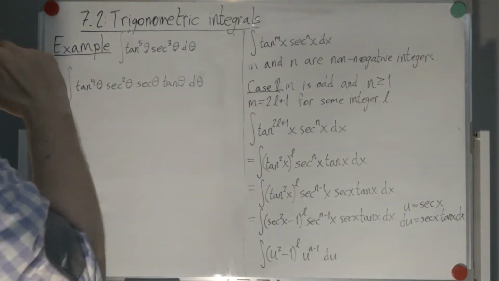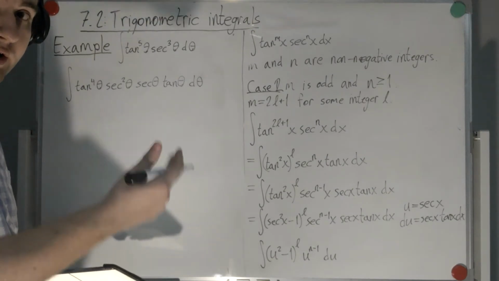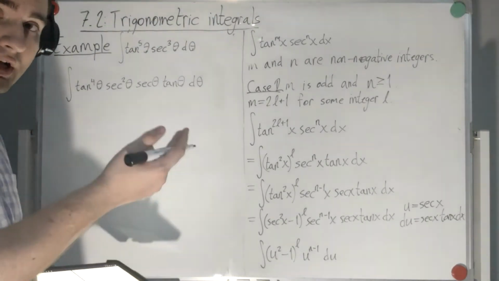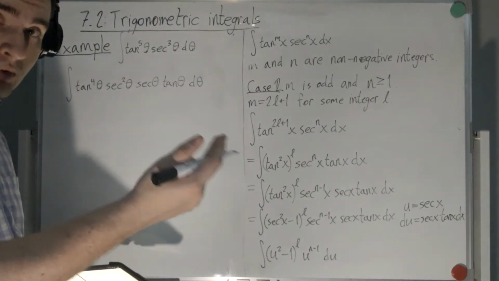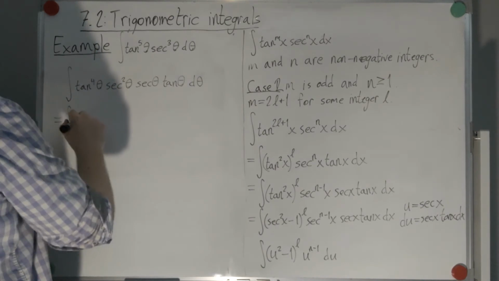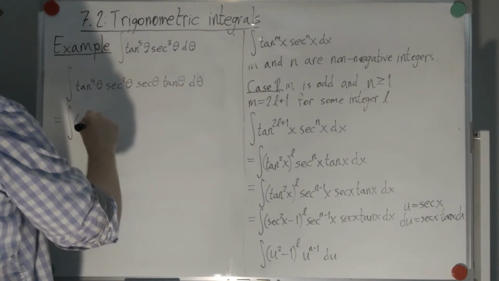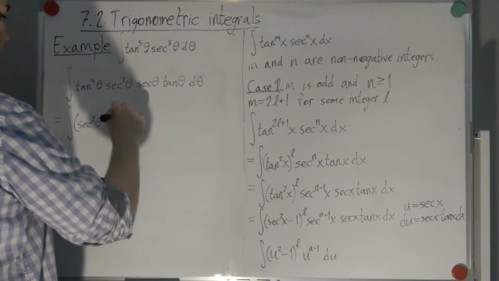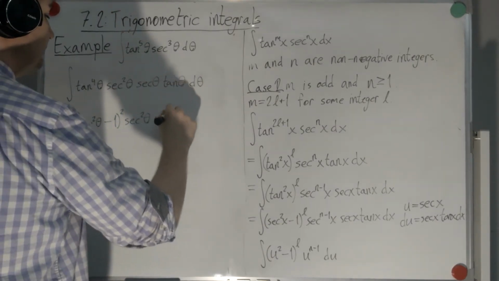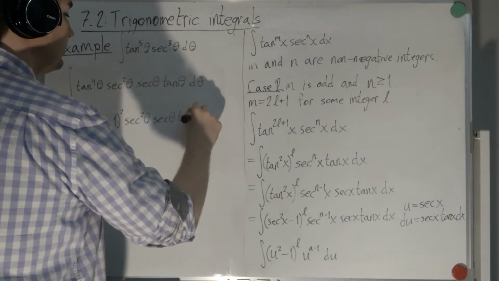Then tangent to the fourth can be understood as tangent squared, squared. Tangent squared is the same as secant squared minus 1. So this is the same thing as the integral of (secant squared theta minus 1) squared secant squared theta secant theta tangent theta d theta.